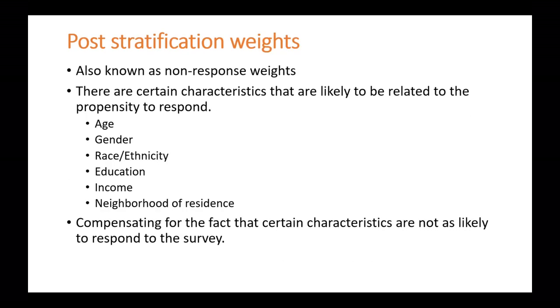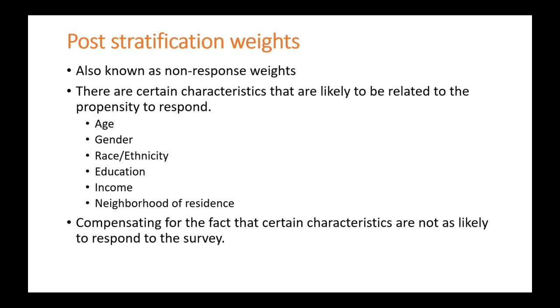The next type of weight we come to is a post-stratification weight, which is also known as a non-response weight. There are certain characteristics in a population which make them more likely to be related to the propensity to respond to a survey. Let's say age can be a factor. Older age group people may have more propensity to respond to a survey.